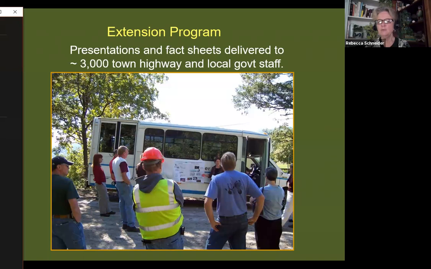It's a major change compared to the 100 years of practices. It takes time, but we're making progress. If you're interested in doing a project, we'd love to have people work with their town highway staff to map the ditches, to look at where ditches are contributing to flooding in streams and erosion and sediment, and just getting the town highway guys to revegetate after they scrape would be a major improvement.